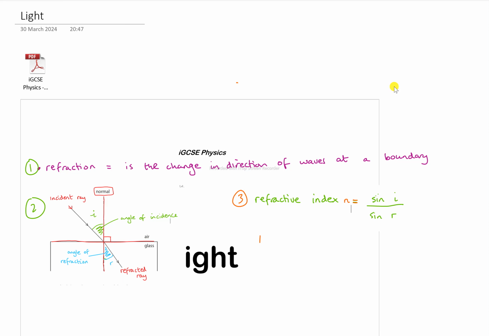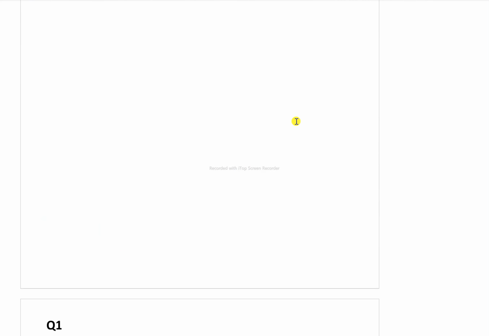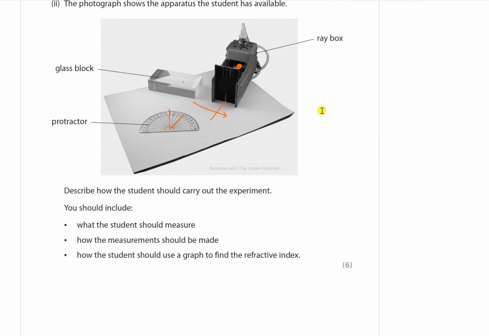Refractive index is how much a material bends light, or refracts light. Bends light. That's it. That's a good one to just have in the back of your mind.